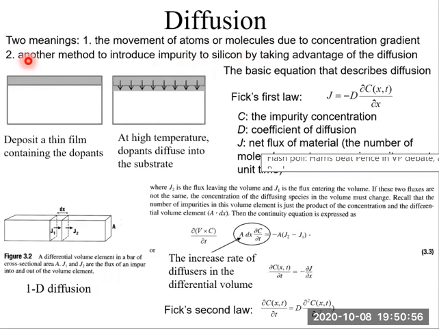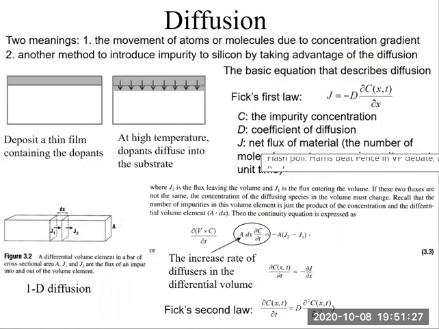In addition, in microfabrication, it also refers to another method to introduce impurities to silicon or polysilicon by taking advantage of the movement of atoms or molecules due to concentration gradient. That's the second meaning.